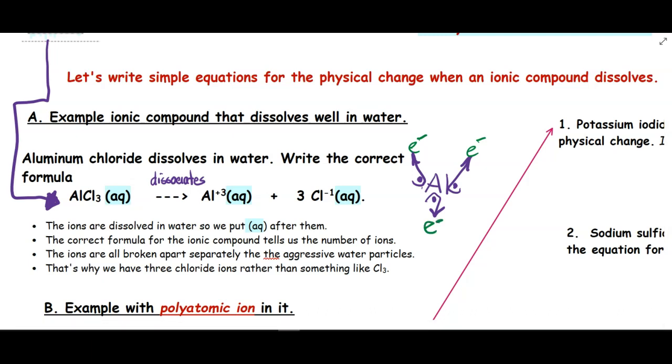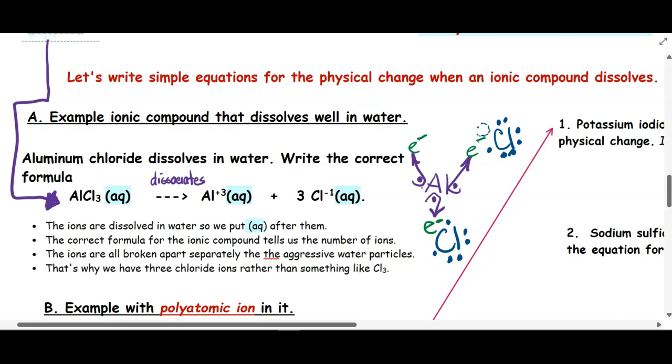Well, we know that chlorine is going to go after it. So we're going to have a chlorine come in because it needs 1 more, right here. And another chlorine is going to come down here because it needs another one as well.